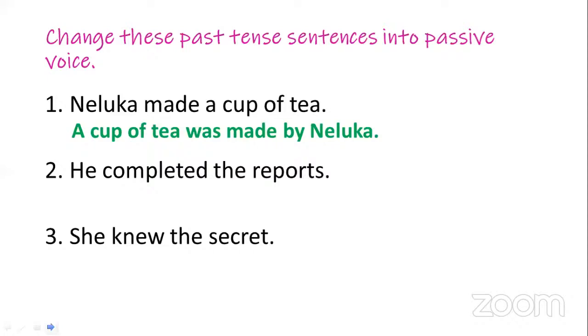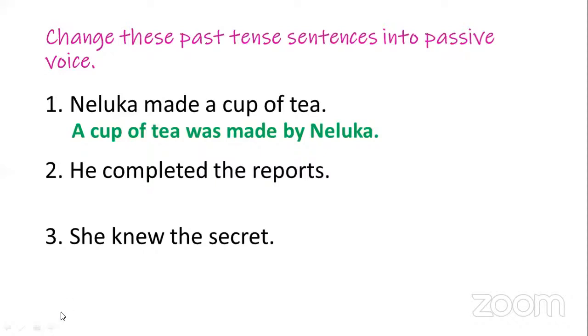A cup of tea. Right. We have to use was because it is a singular noun. The past participle form of made is made, and the doer is Niluka. A cup of tea was made by Niluka.